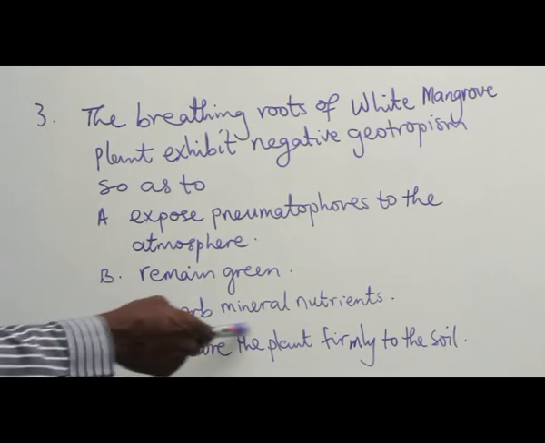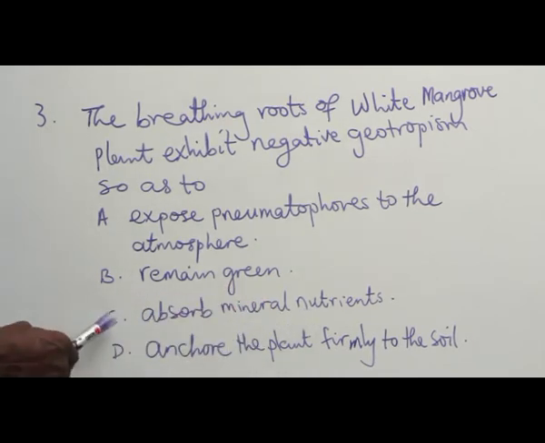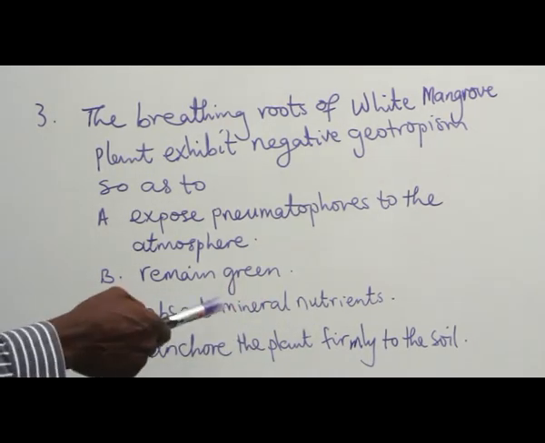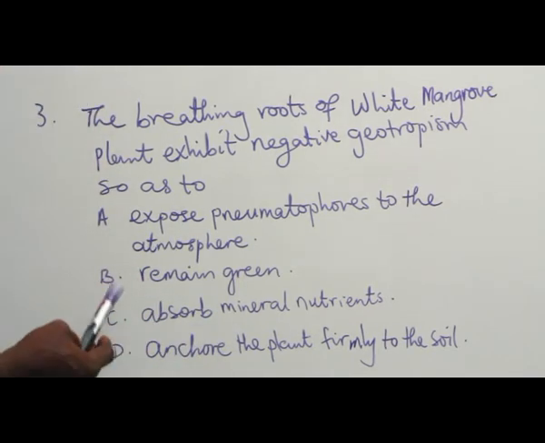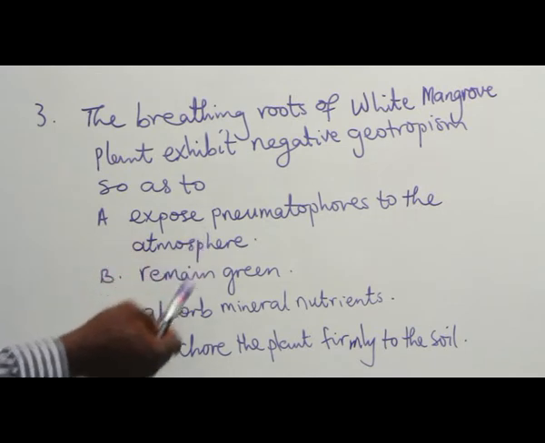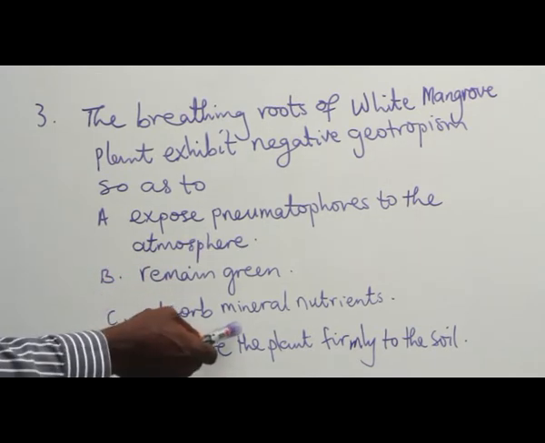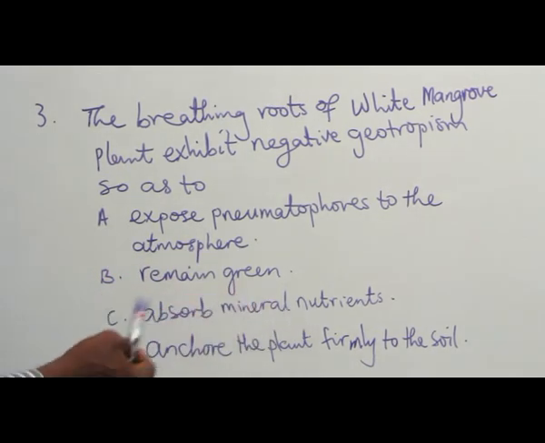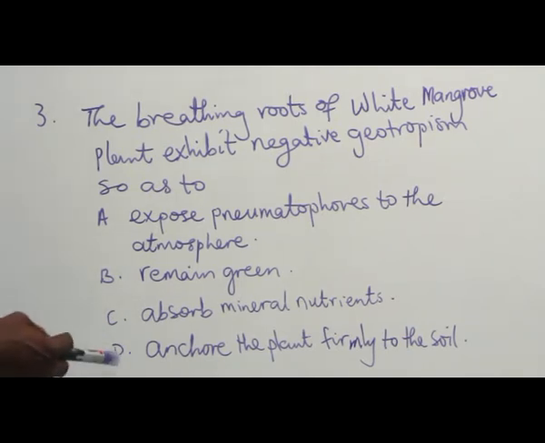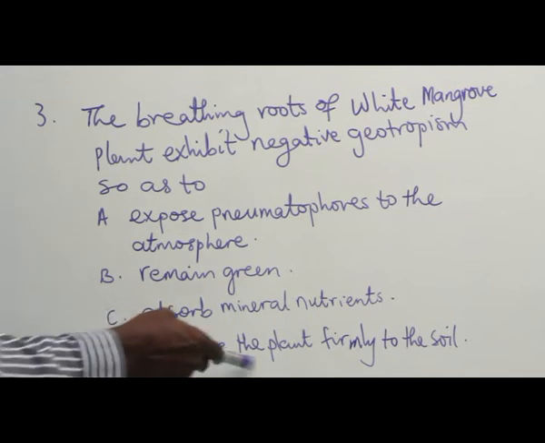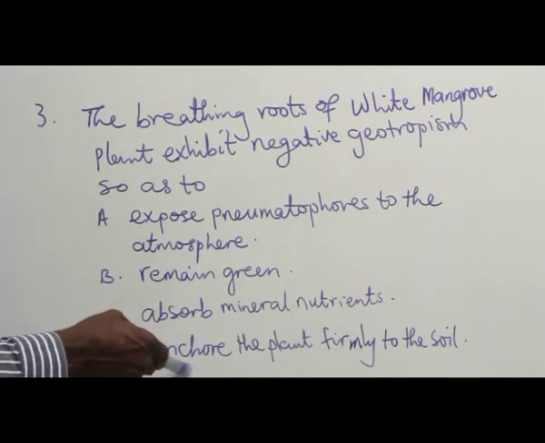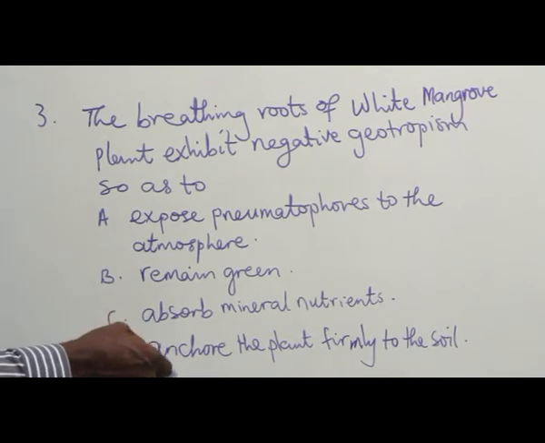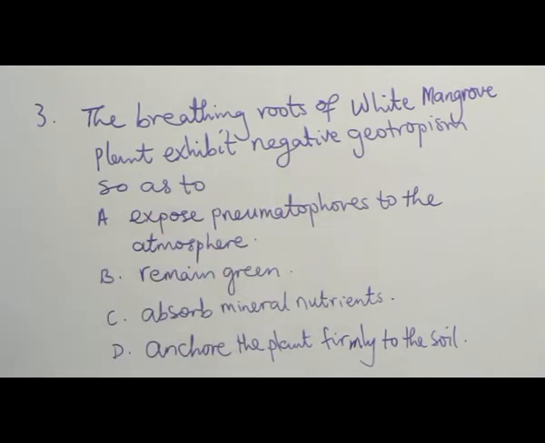Option C, to absorb mineral nutrients. Is a root supposed to absorb mineral nutrients from the atmosphere or from the soil? So we know that the root is not looking for mineral nutrients from the atmosphere. Option C is also out. Then D, to anchor the plant firmly to the soil. If it is to anchor the plant to the soil, it is not supposed to grow out of the soil.